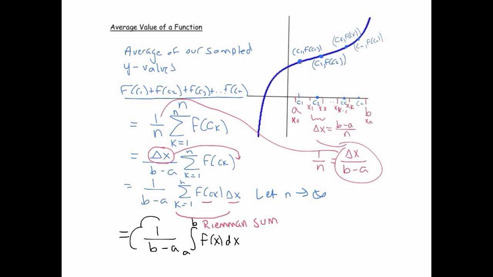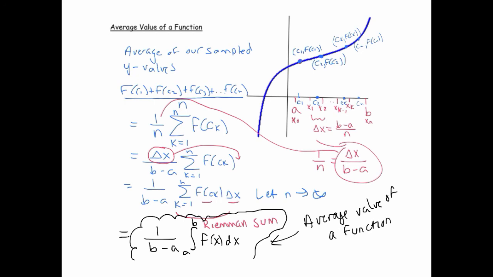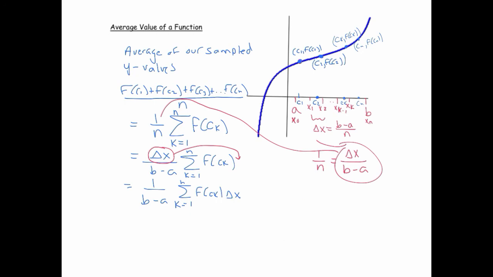And this, my friends, is the definition of the average value of a function. Right? That is the average value of a function. So to get the average value of a function, you find the integral from a to b of that function, but then you divide by the length of the interval, and that will give you the average value.